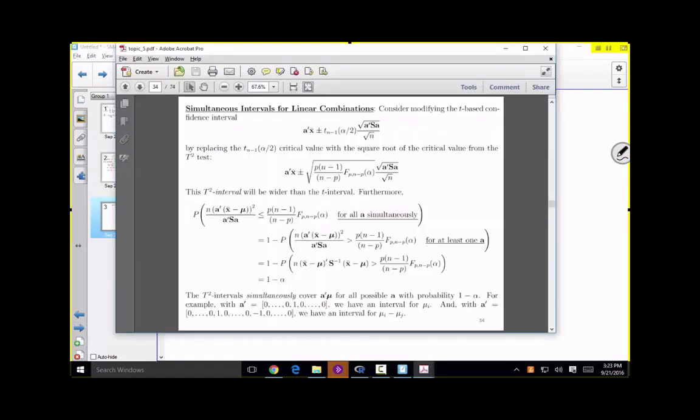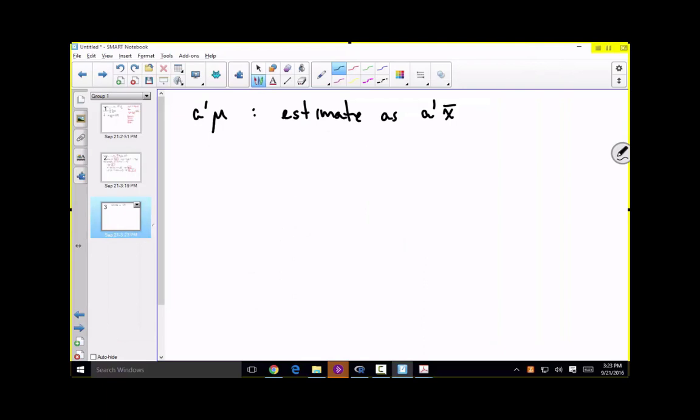And the way that we are going to make this confidence interval is of the form: estimate of the parameter of interest, plus or minus a scaled estimate.